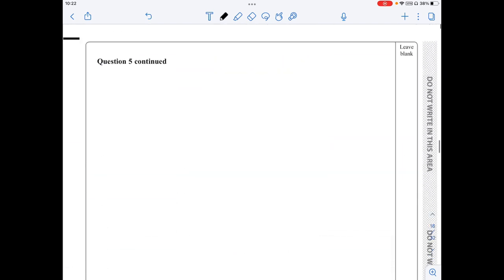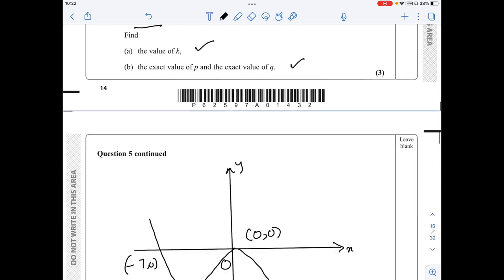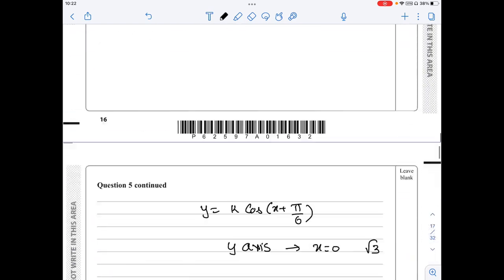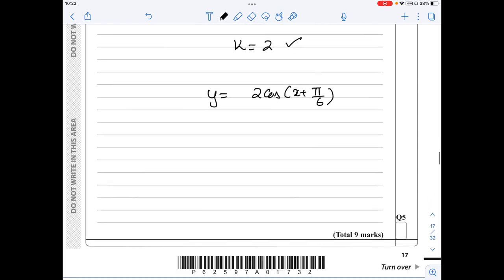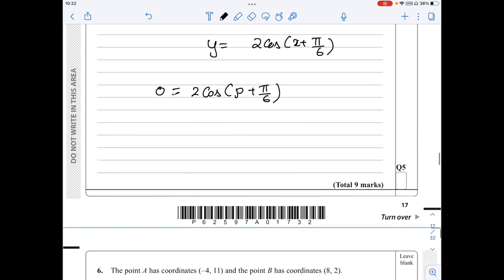Next part of the question. It passes through the points p comma 0 and q comma 0. Find the exact values of p comma 0 and q comma 0. So substitute p comma 0: 0 equals 2 cos of (p plus pi upon 6).